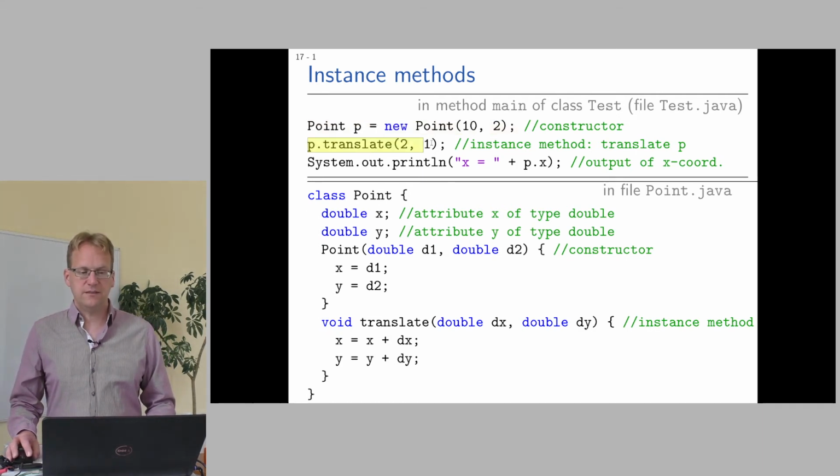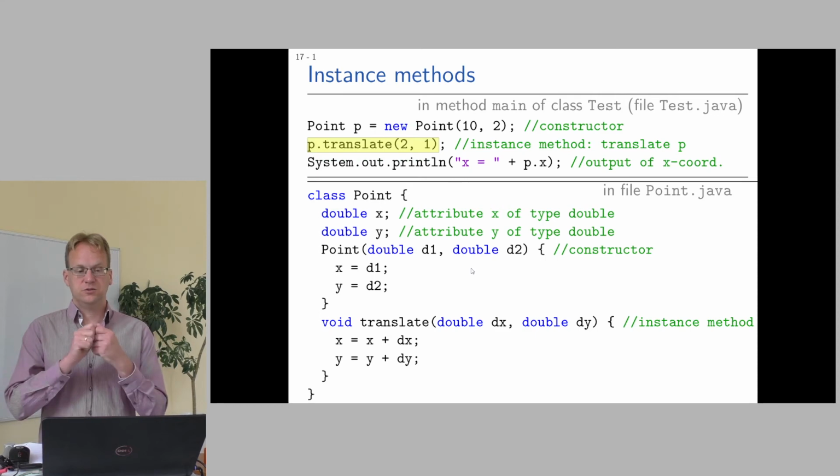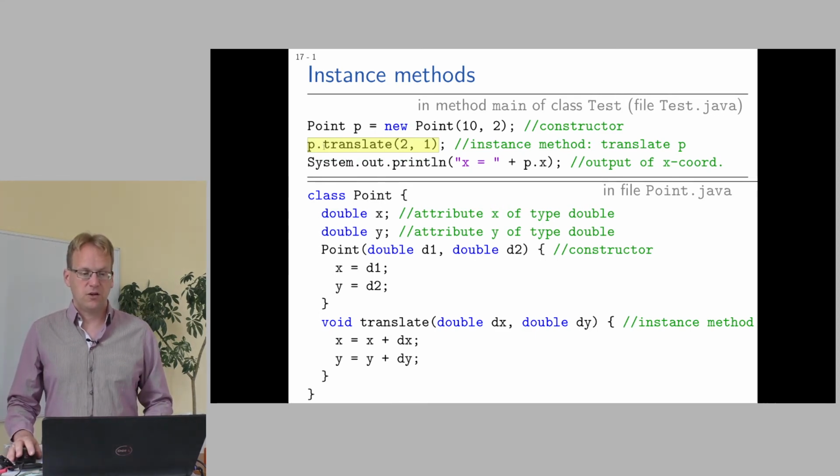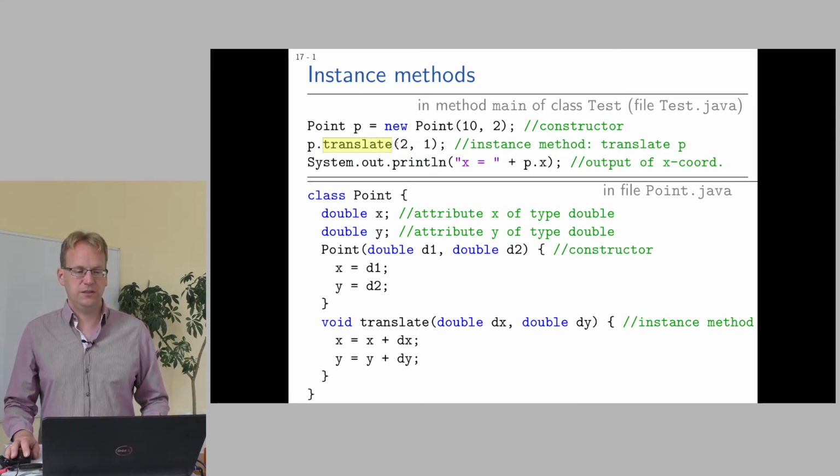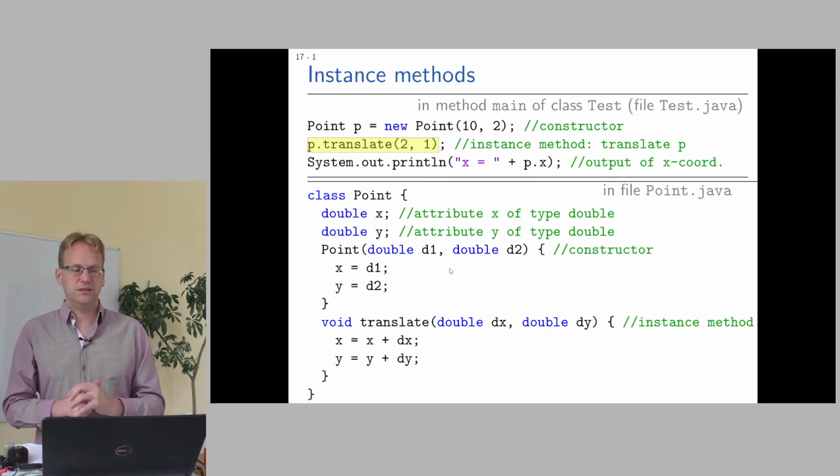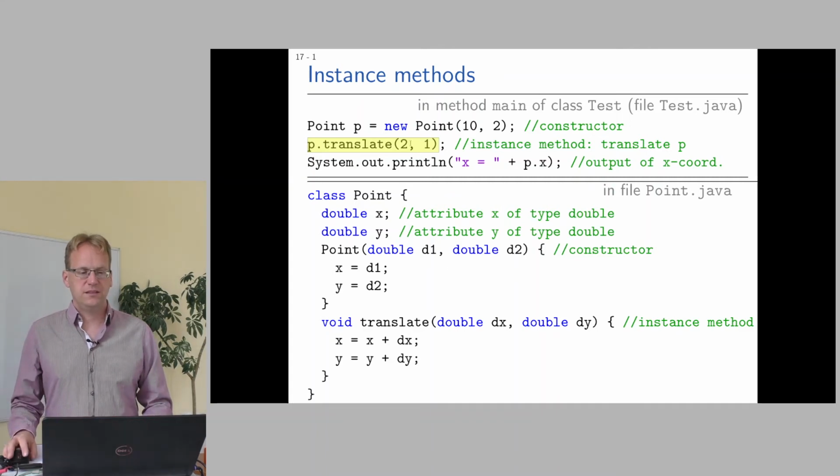I'm translating this point object 2 units in x direction, 1 unit in y direction, calling the instance method translate for the point P. But you see here, I'm not taking this outcome and assigning it to a variable. I'm not saying a is equal to p.translate(2, 1), because actually this method doesn't return anything. But it has changed the coordinates of point P.